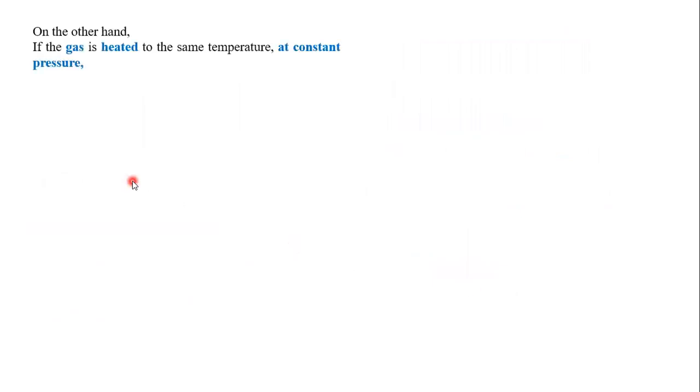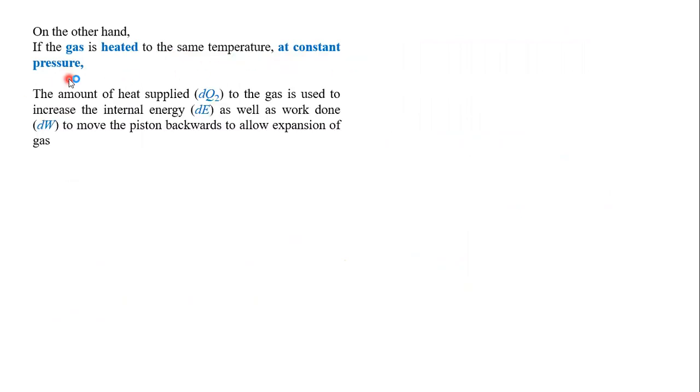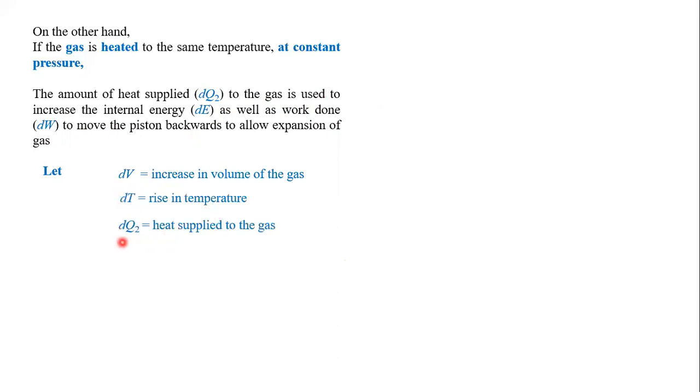On the other hand, if the gas is heated through the same temperature rise at constant pressure, the heat supplied, dQ2, is utilized for two purposes: to increase the internal energy as well as to do work to move the piston. Let dV be the increase in volume, dT the rise in temperature, dQ2 the heat supplied to the gas, dE the increase in internal energy.